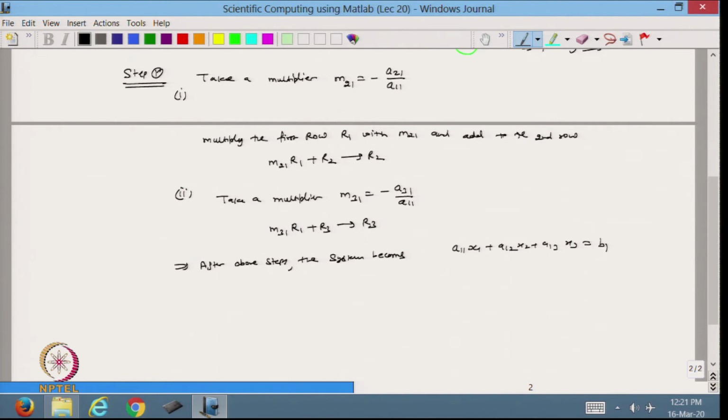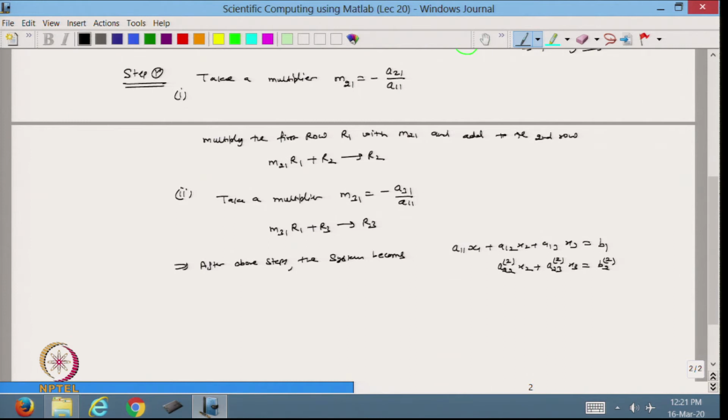The next thing is that I will get here A22 x2, which I will call A22 superscript 2, plus A23 x3 is equal to B2.